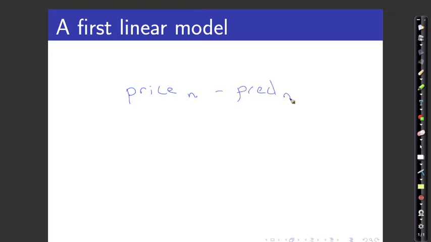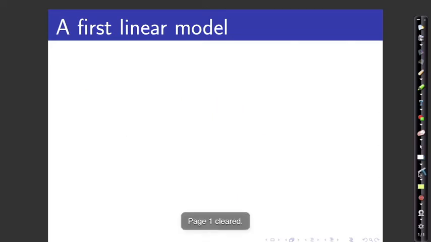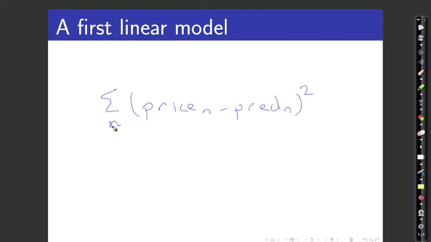We might want to minimize the sum of the absolute errors, or we might want to minimize something to do with the sum of the percentage errors. Or we might indeed want to minimize the sum of squared errors. If we are doing machine learning and we choose to minimize the sum of the squared errors, that is equivalent to the standard statistical approach, maximizing the likelihood of a model based on the normal distribution.